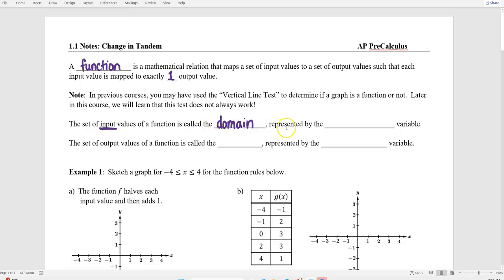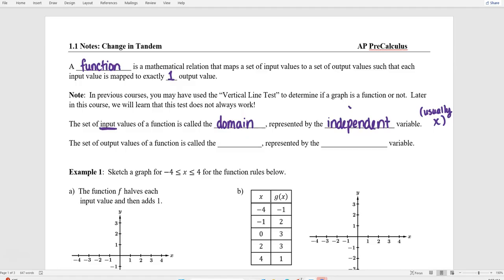But domain is represented by, we really don't want to limit ourselves just to the X, because we'll see a lot of instances where we don't use the X for the independent variable. So it's represented by the independent variable. If you want to put X over here, that's fine. But there are going to be some cases. One that we use a lot is time, so a lot of times we'll see T as our input value.